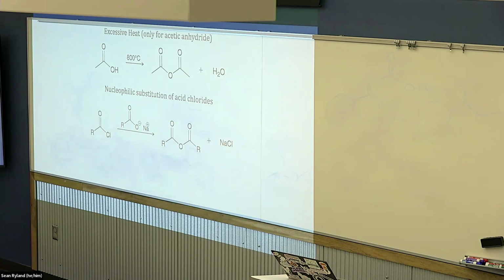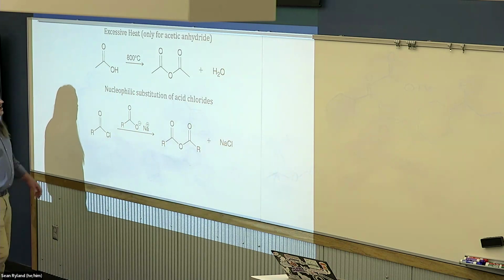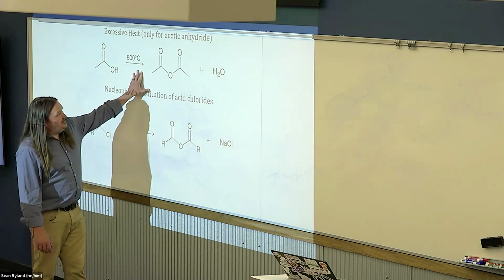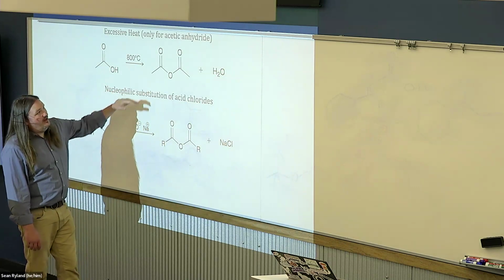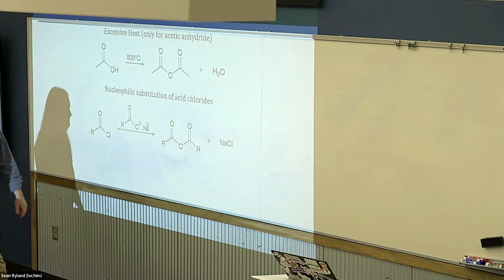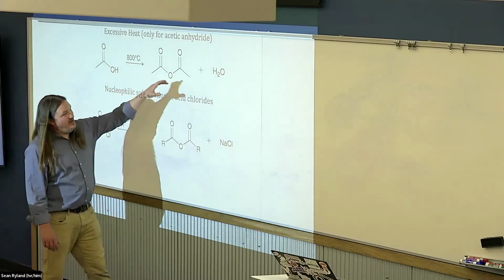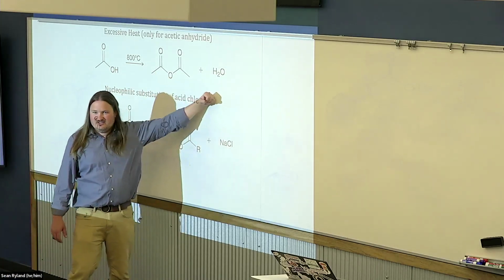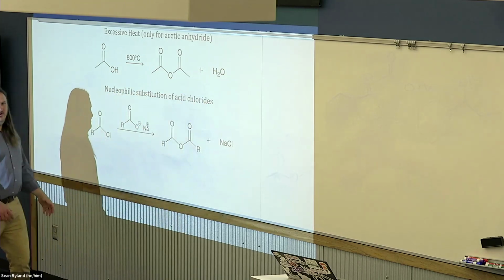Excessive heat. This only works for acetic anhydride in particular. Mostly because I think this is just leaning on entropy, the fact that if you're at 800 Celsius, you're making water, you're making a gaseous byproduct. So we can shift ours to the right there.